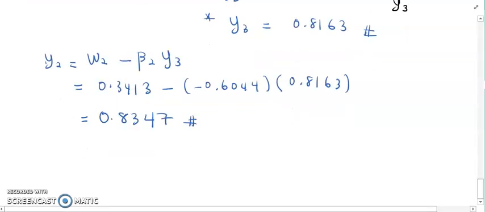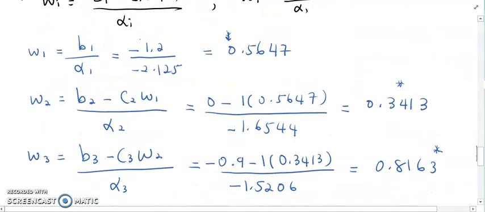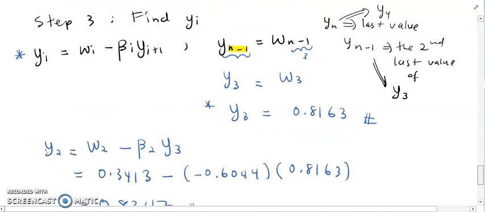And lastly, find the y1 value. So y1 equals w1 minus beta 1 times y2. So w1 is this value, 0.5647, minus beta 1.